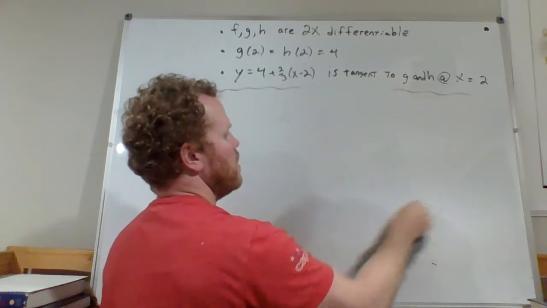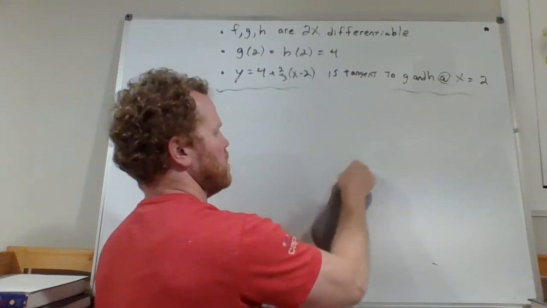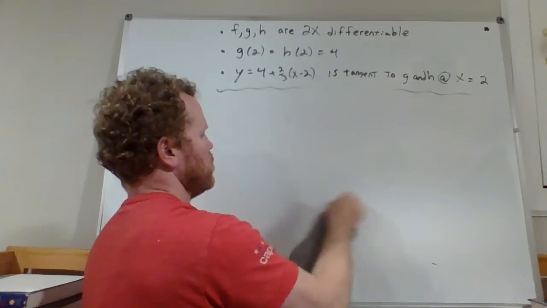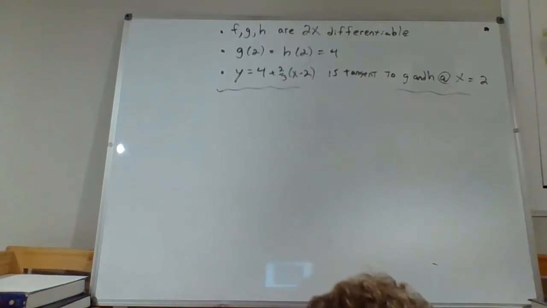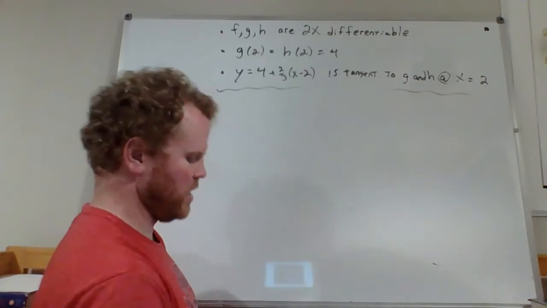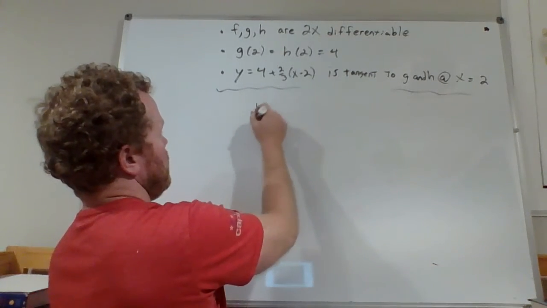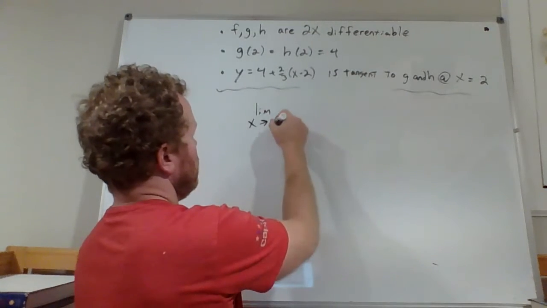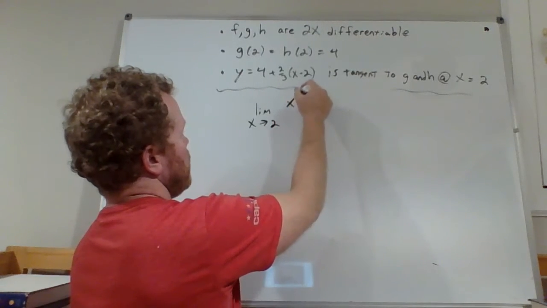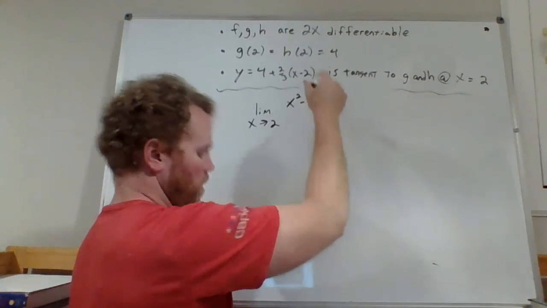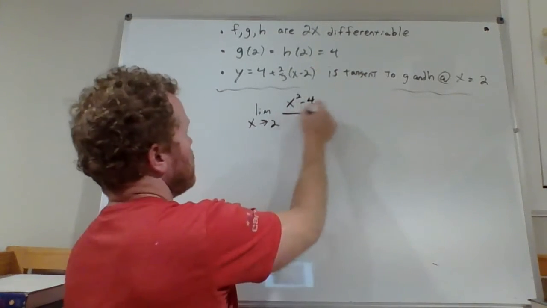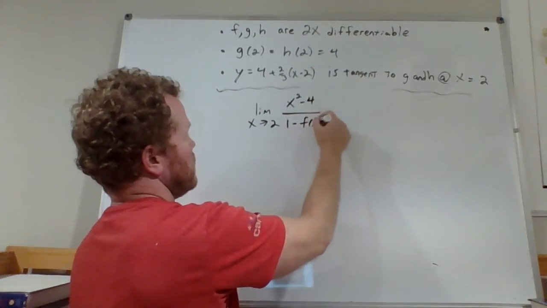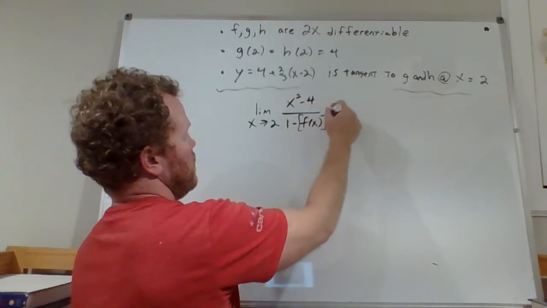So I just need to get this erased a little better, and we should be okay to go. Part C asks you to find the limit as x goes to 2 of x squared minus 4 over 1 minus f of x cubed.